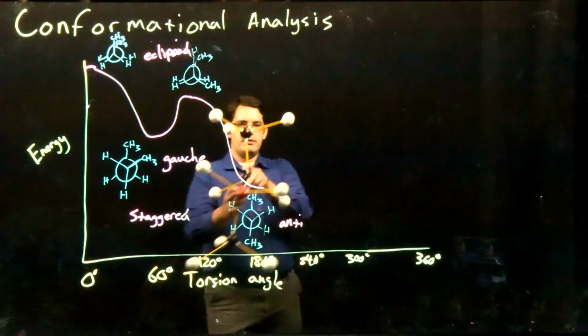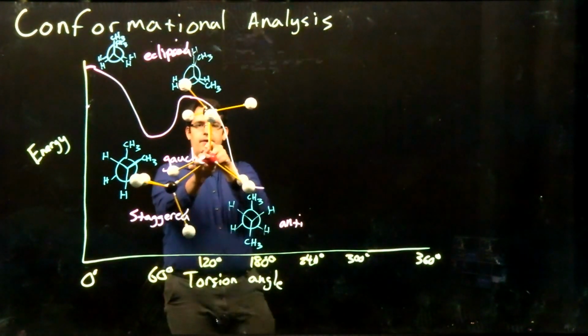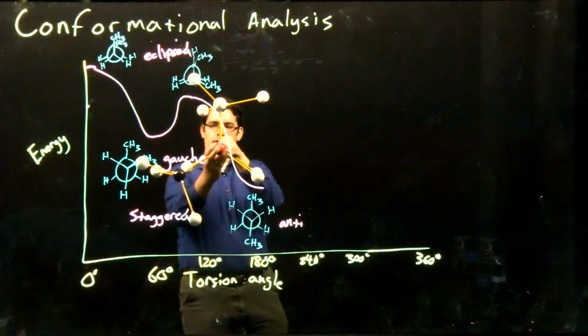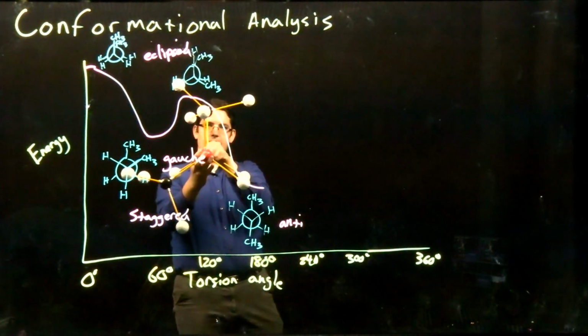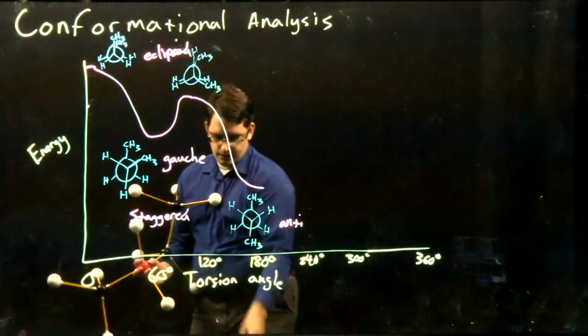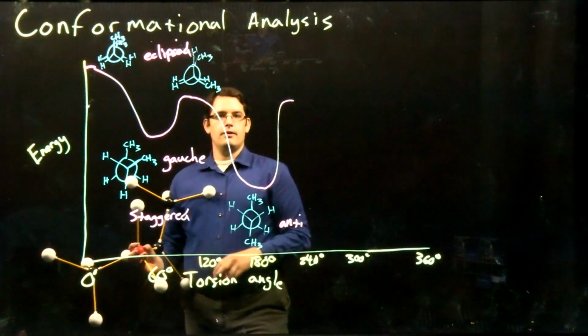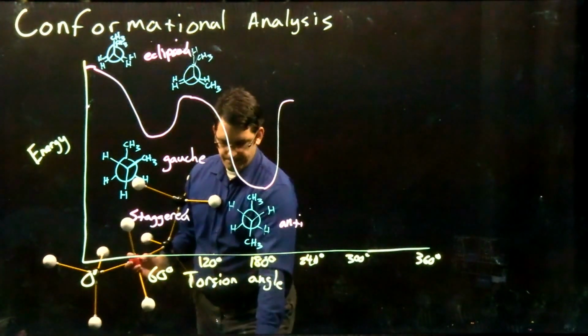Now we can continue our rotation, but the next rotations are all the same as our first. So here we have another eclipsed conformation. This is the slightly lower energy eclipsed conformation. So we go back up here, and you can see how symmetrical it is.